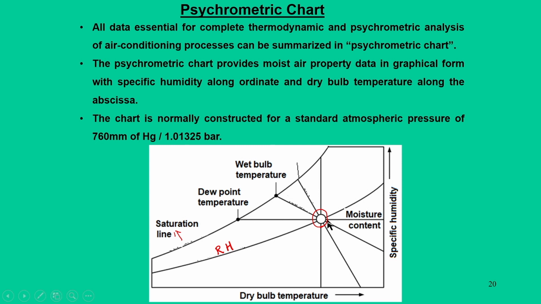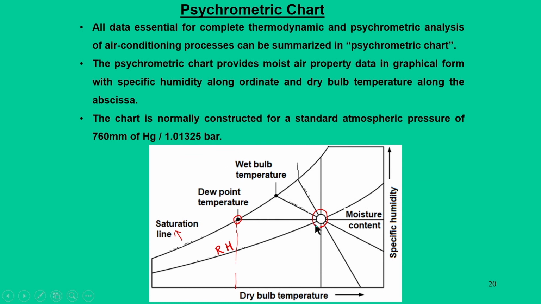Now, from this point if you drop a vertical, we reach the dry bulb temperature on the temperature axis, and when you drop a vertical on the specific humidity axis, we get the moisture content, and wherever it cuts this inclined line, we call this the relative humidity value at that point. And from this if you go along the same specific humidity line, until you reach the saturated point and drop a vertical on the temperature axis, this will denote the dew point temperature.